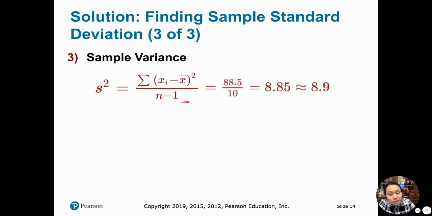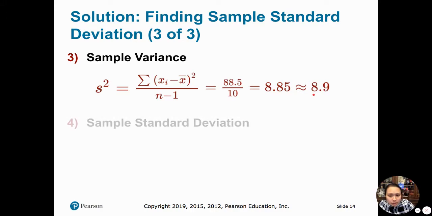Substituting in what we got after subtracting the mean from every data entry, squaring, and summing it all up, we got 88.5 from earlier. We need to divide it by 10, because if you count the data entries from our example, we had 11 total entries, and 11 minus 1 is 10. This gives us 8.85, or a sample variance of about 8.9.